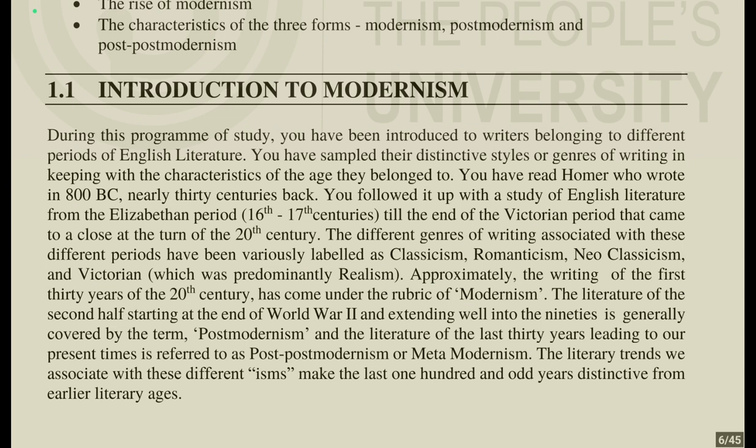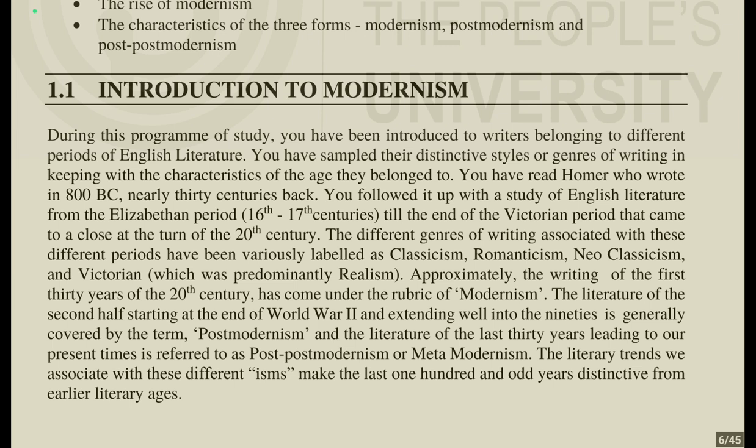Approximately the writing of the first 30 years of the 20th century has come under the rubric of modernism. So the writing of the first 30 years of the 20th century, that is from 1900 to 1930, is termed as modernism. It's not a time period, it's just the writing in this period that is known as modernism.